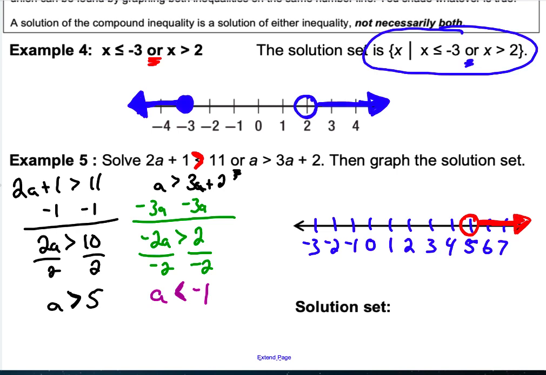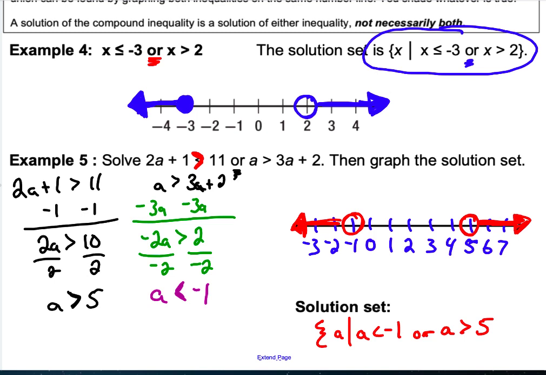Or I want a is less than -1. So again, open circle and shade in numbers that are less than -1. My solution set would be a such that a is less than -1 or a is greater than 5.